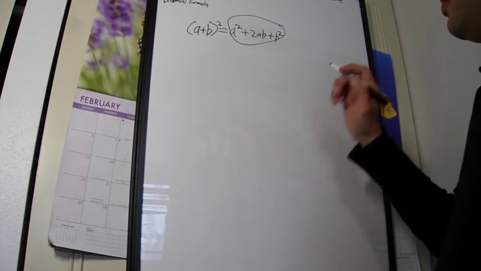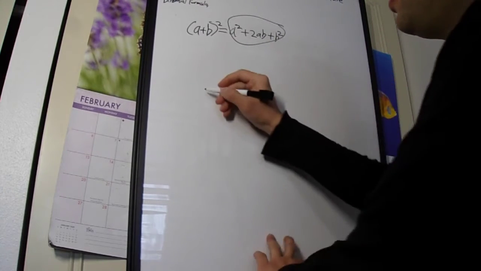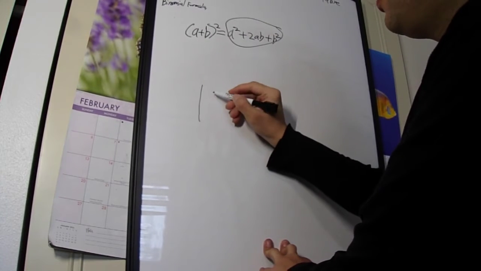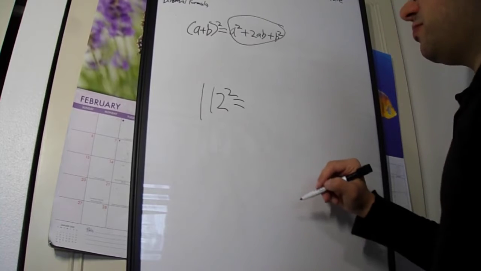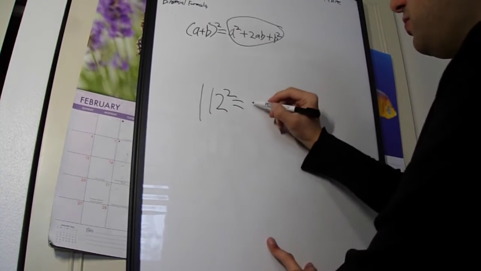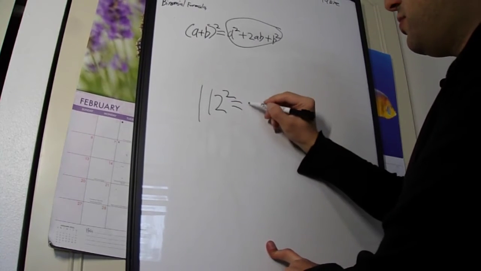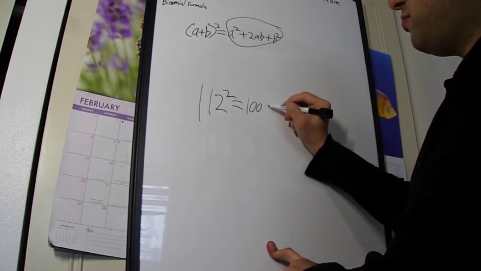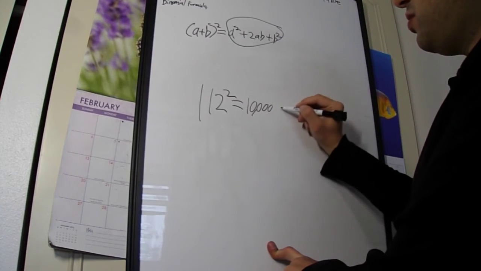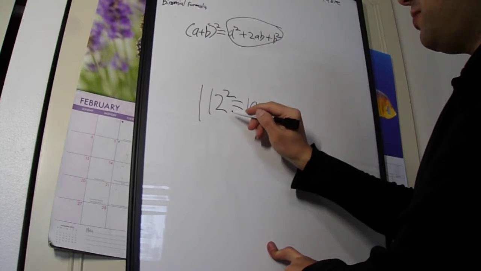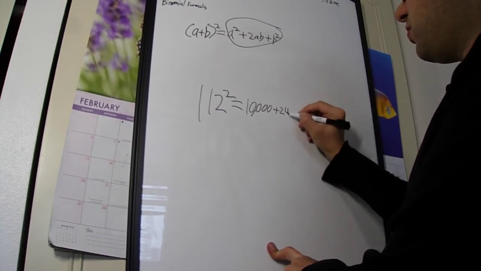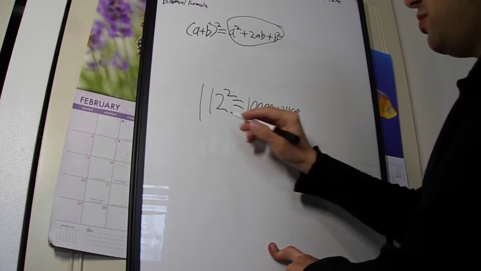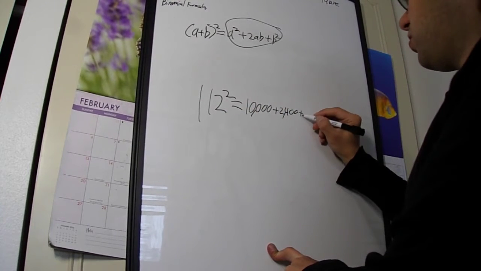Now, let's do one in the hundreds, before I go on to the bigger version. Alright, so 100 squared is 10,000, plus 2 times 12 is 24, so 2400, plus 12 squared, 144.